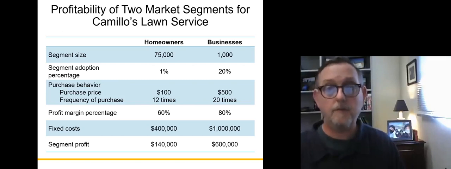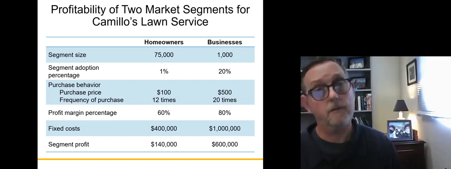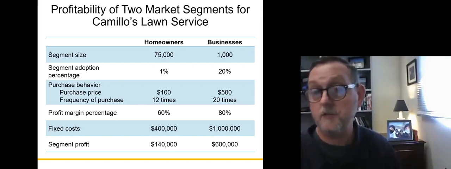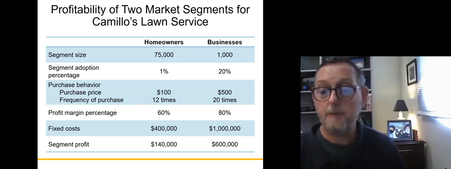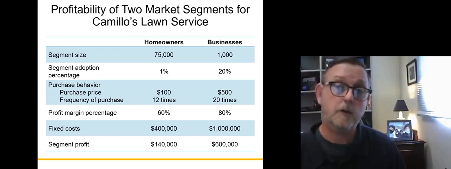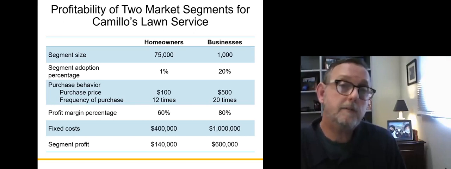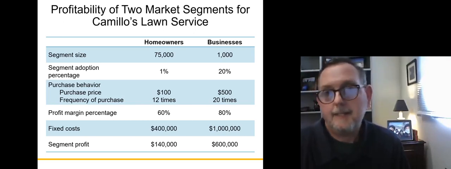So segment profit, business, homeowners, well, clearly the business segment's far more profitable. Now you have to have a lot more fixed costs. You have to have a bigger inventory. You have to have more equipment. But once you're in the business, you're making a lot more money than you are from homeowners. If you could only choose one of these two market segments, you'd have to decide which one.